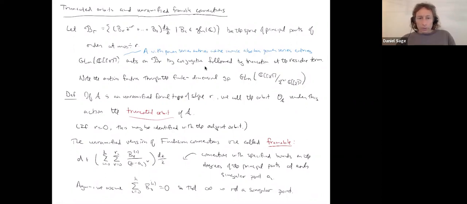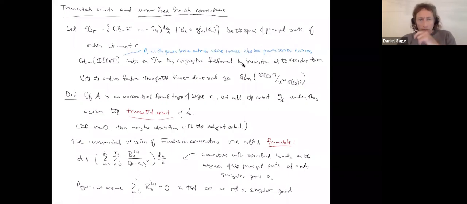So for those of you who are sort of used to this kind of stuff, you may recognize that if you don't want to talk about truncation, what you can do is view these as functionals and view it as a certain coadjoint action. But anyway, to be sort of elementary, let's talk about conjugation followed by truncation.